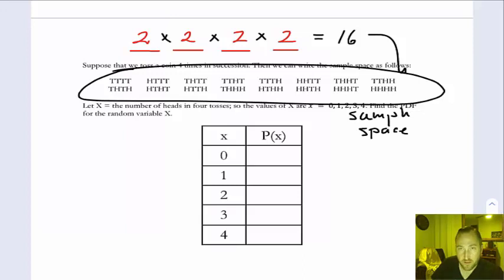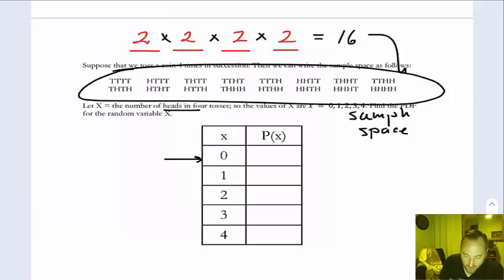This is the set of all outcomes from which we draw our events, and the event we'll be looking at is X, the number of heads. If we have 0 heads, 1 head, 2 heads, 3 heads, or all 4 heads, what's the probability of each? Let's fill in the PDF, and once we're done, verify that it's a PDF.